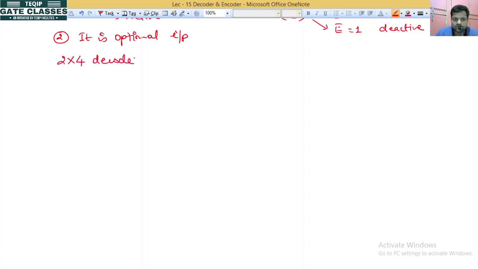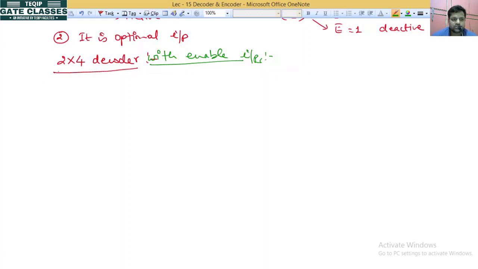It is the smallest decoder, with enable input, we are going to study.